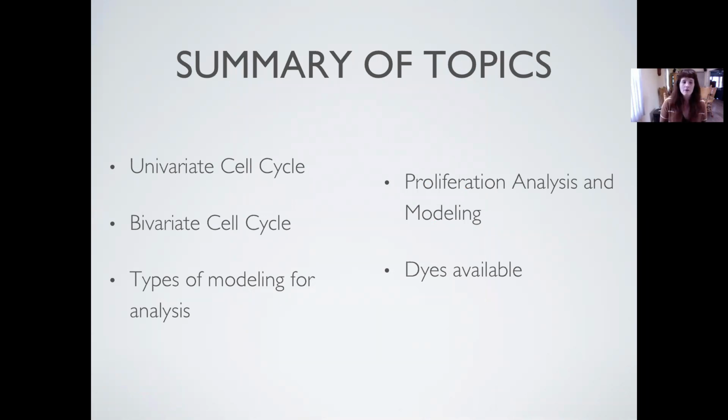Then we'll review some of the different types of modeling for the analysis when you're looking at the univariate cell cycle, because there are different approaches to that. And then from there, we're going to move on to proliferation analysis and modeling. We're going to very briefly show two different examples of different dyes that are available, because there are an array out there.